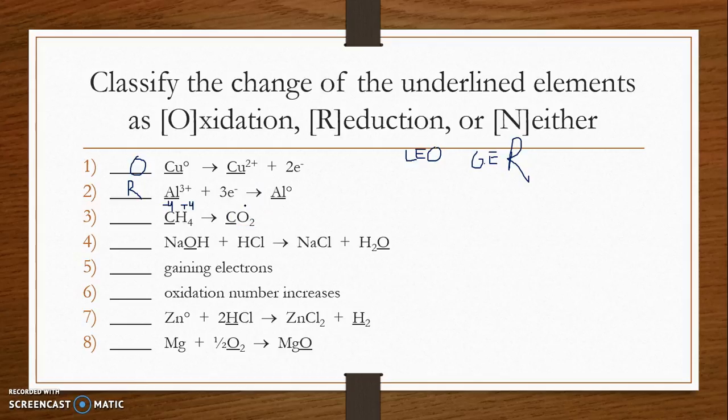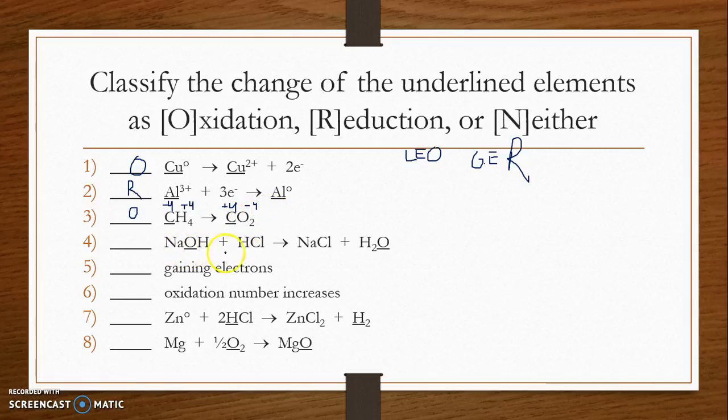Each oxygen has a negative 2 charge, which means that this has an overall of a negative 4 charge. Well, this carbon has to have a positive 4 charge to cancel that out. It went from a negative 4 to a positive 4. Okay, so if it went from negative to positive, it had to lose electrons, which means that it is an oxidation. And also, we added oxygen to it, oxidation.